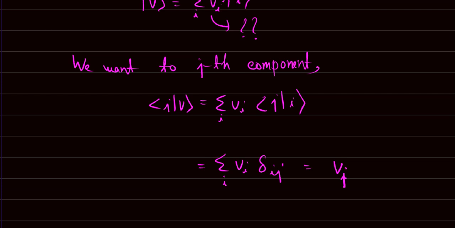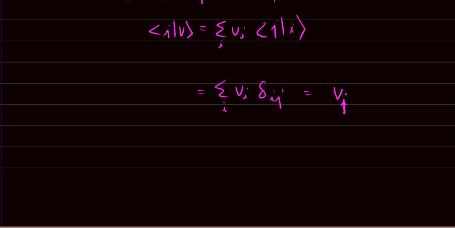So if we want to know the jth component of our kth vector v, we just need to take the inner product with the jth unit vector, or take the dot product, exactly like our three-dimensional case.